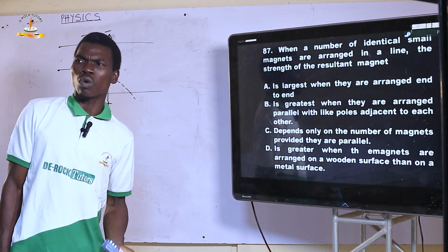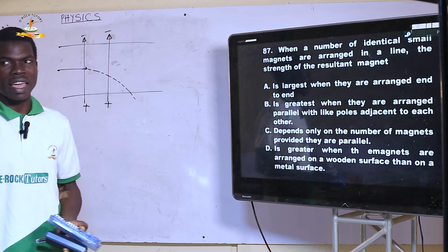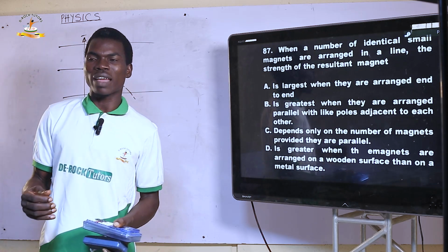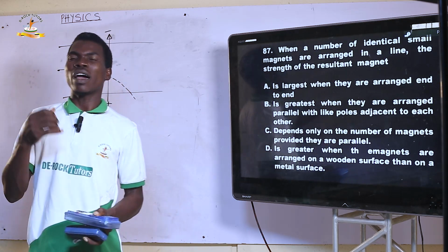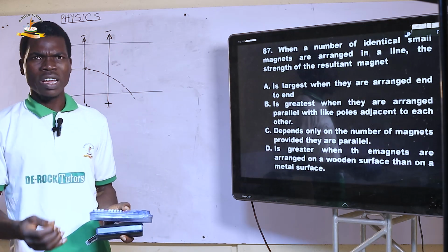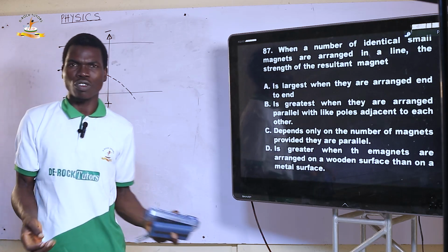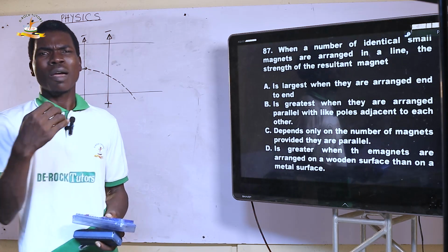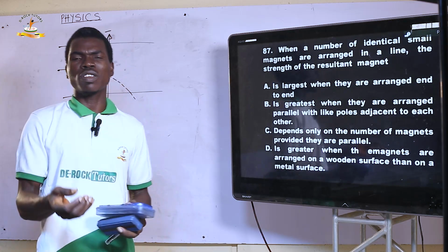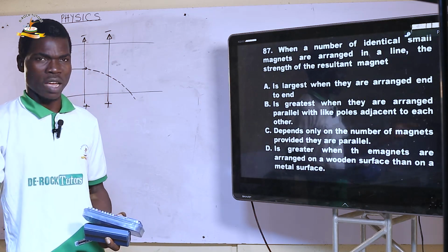The correct option is what? Is A. It is largest when they are arranged end to end, because it's going to be a kind of resultant force. Mind you, at each of these poles is a force that is strongest at the poles of each of these magnets. So when you arrange them end to end, you're actually increasing the resultant magnetic force you get from there.